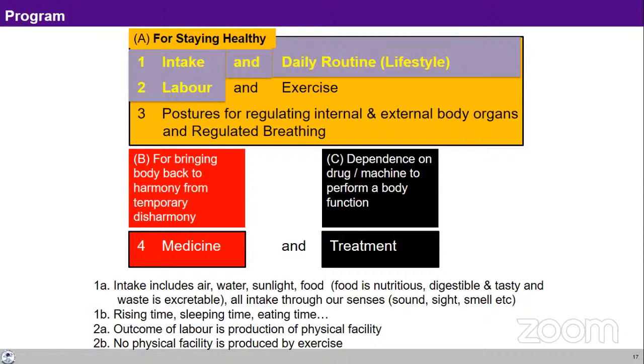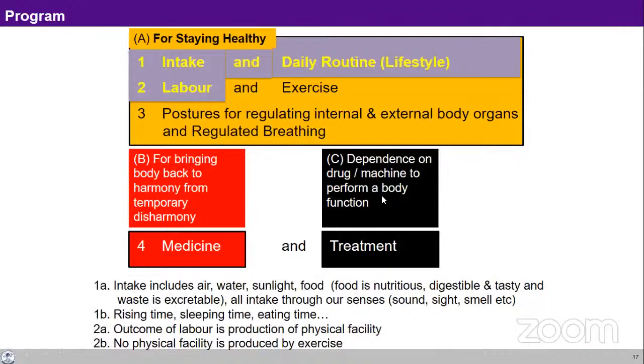Sometimes if our body is sick, we have to bring it back to health. This is not a desirable situation. In that case we can go for medicines. But mostly we can think about some home remedies to bring the body back to a healthy situation. And if required, we have to go for medication.